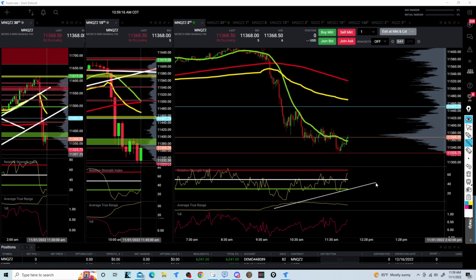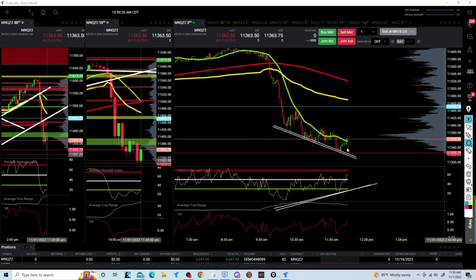Okay, now that you're starting to see divergence, now would be a time to not trade, or to be looking to trade in the opposite direction, because the 20 is now going to want to come back to the 200.